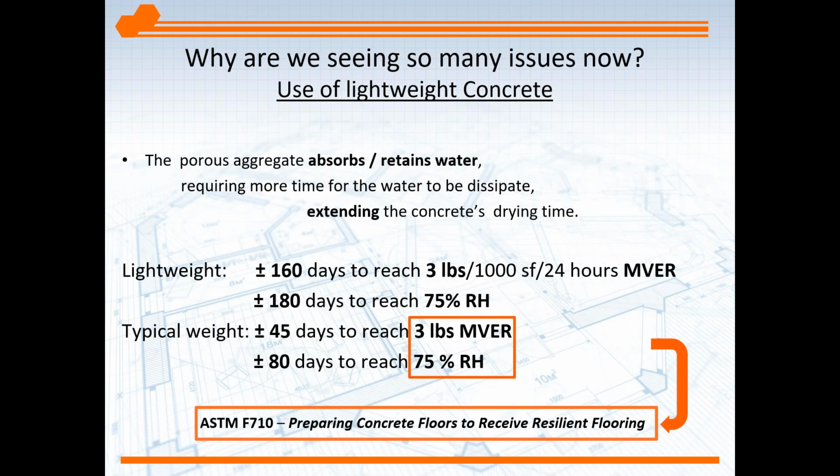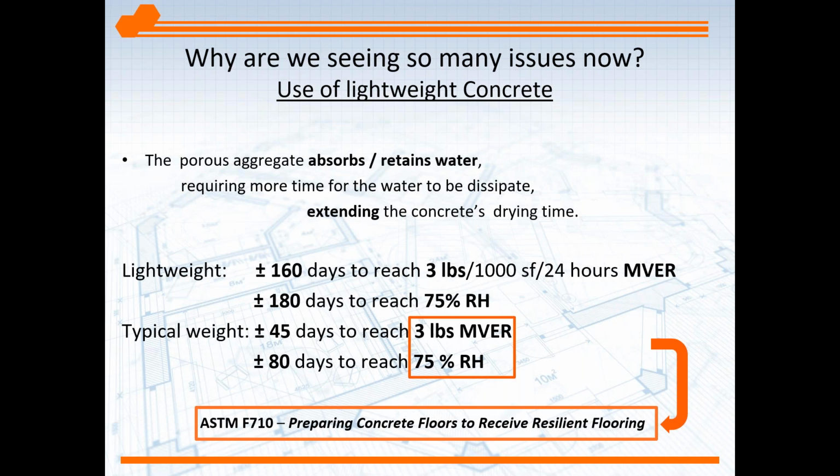You could read the title there, Resilient Flooring. And this standard, if you read through it, is applicable to other types of flooring. And most manufacturers, unless they state different values, this is the maximum amount of moisture you want emitting from a concrete slab, 3 pounds and 75%.